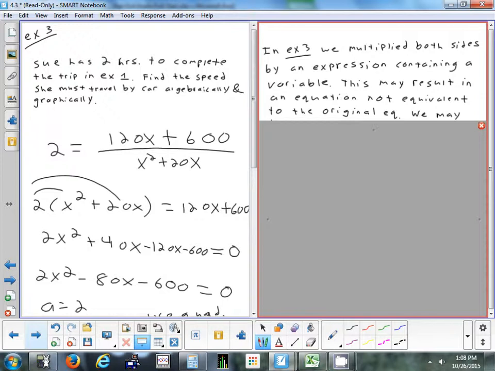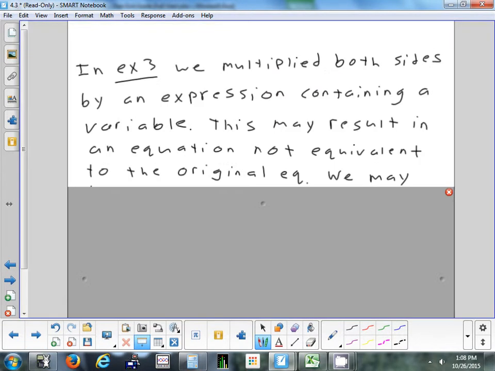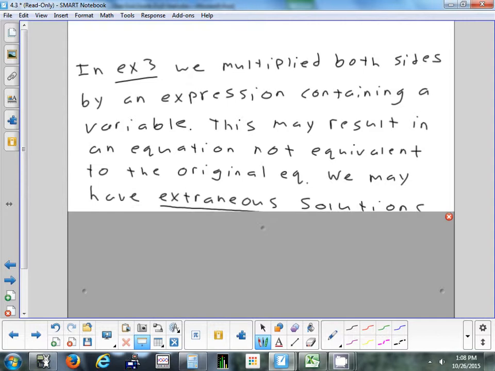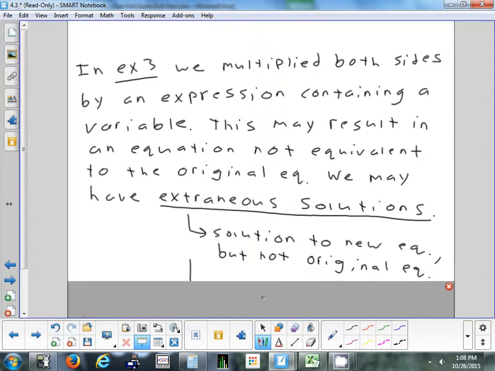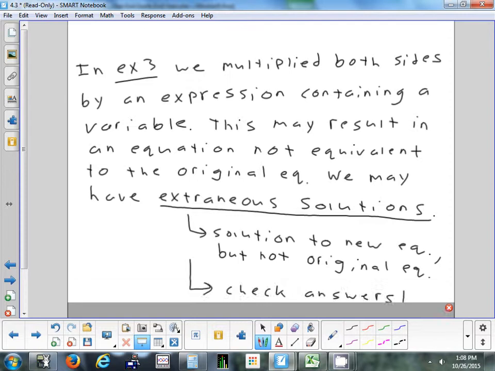You get these extra answers, and there's a name for them. Does anybody remember what those are called? Extraneous solutions. So anytime you multiply both sides of an equation by something with variables, you can get answers that are solutions to your new equation, but they don't actually solve the original problem. So what do you have to do? Check your answers and make sure they work.